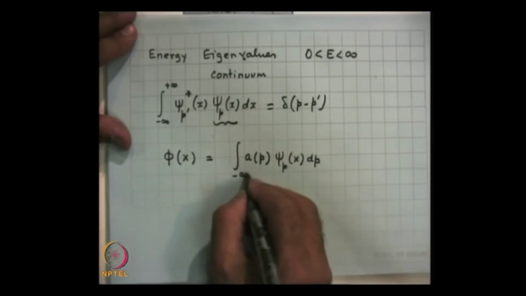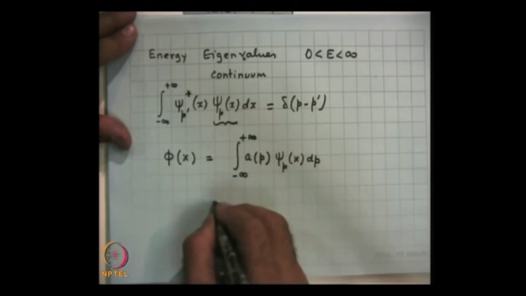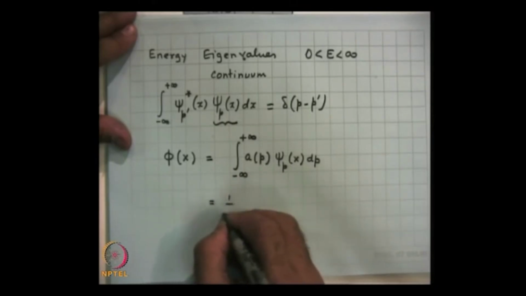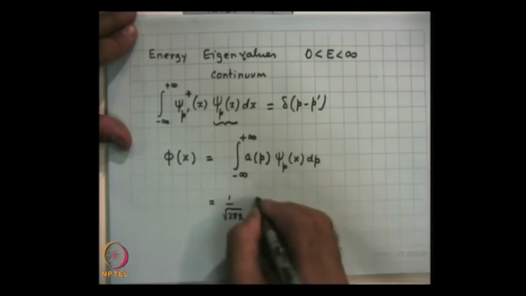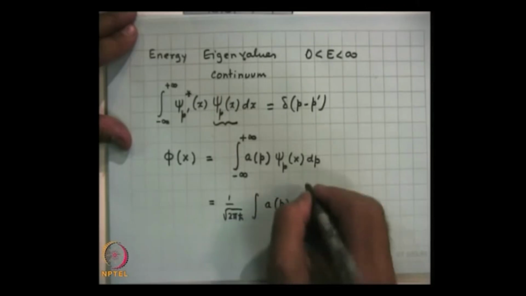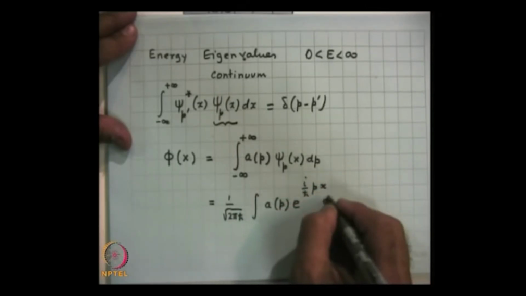These limits are also from minus infinity to plus infinity. So, what is psi p of x? It is 1 over root 2 pi h cross integral a of p e to the power of i by h cross p x dp.